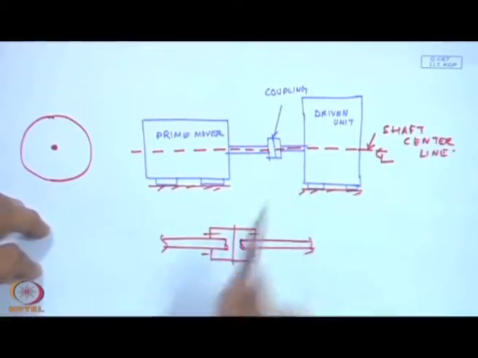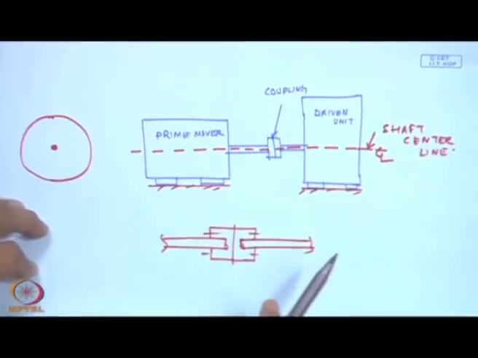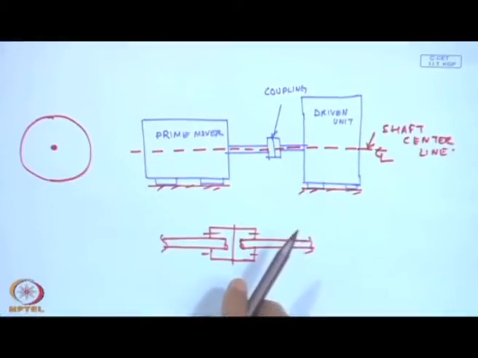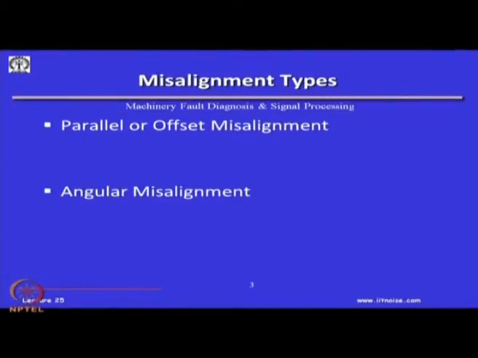If this is not held together, we will have certain problems. I will come to a description of how we have discussed misalignment in the laboratory, but before that, there are two serious types of misalignment which can occur in shaft systems.